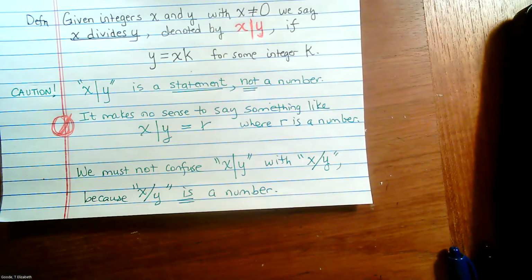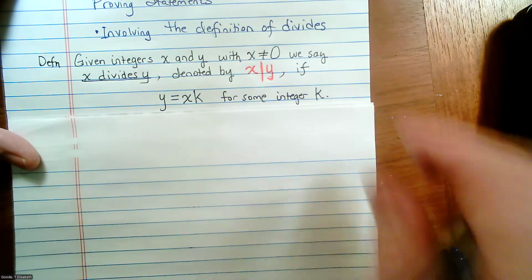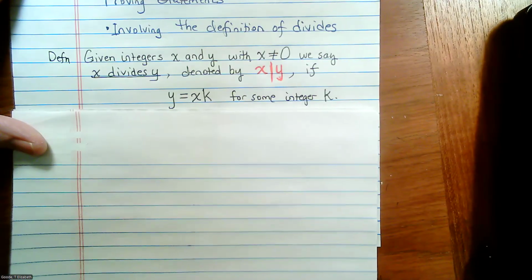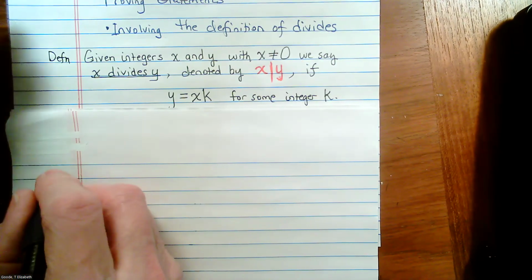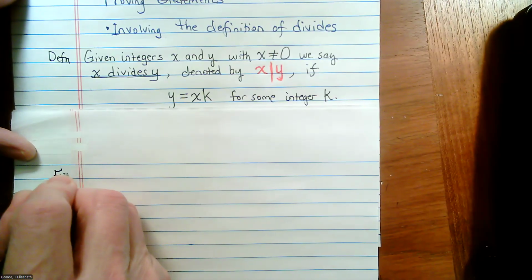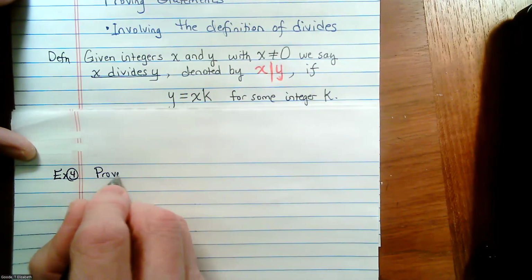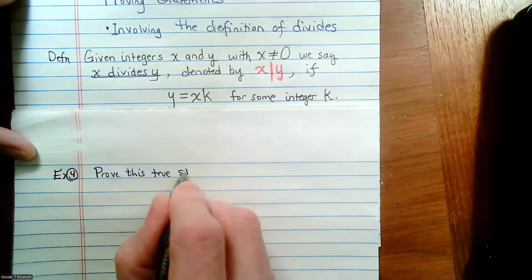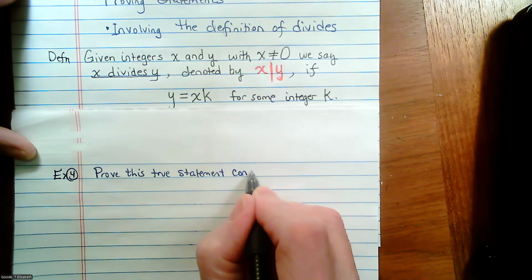And let's just work some real simple proofs. In fact, why don't we work through the solution to that quiz question? Okay. Prove this true statement concerning an integer n.